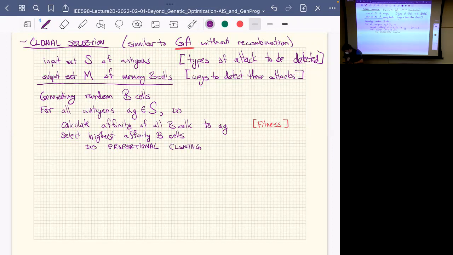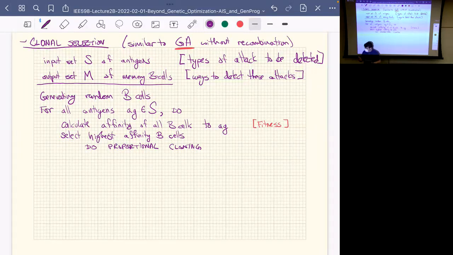just like proportional selection. And so the idea here is that we've got a bunch of B cells, let's say we've got 100 B cells, we're going to choose the top 30 of them, and then of those top 30, we're going to look at their affinities, like fitnesses, and then based on their affinities, we're going to clone each one of them so that the one with the highest affinity will clone the most, ones with the next highest less, and so on further down.